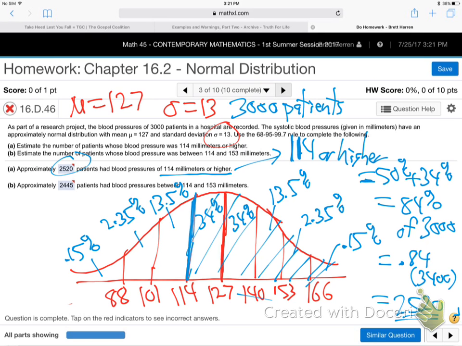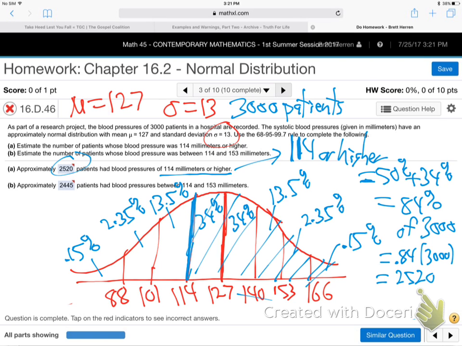Oh, can you read that down there? Yeah. So isn't it 3,000? Well, it's 0.84 times the 3,000, and then that comes out 2,520, I think.